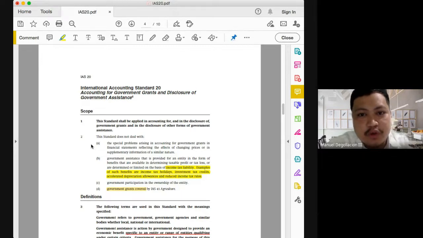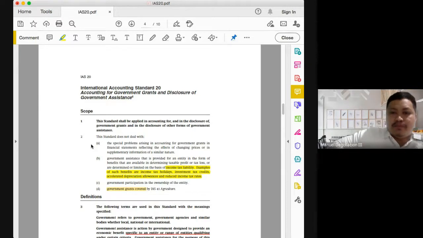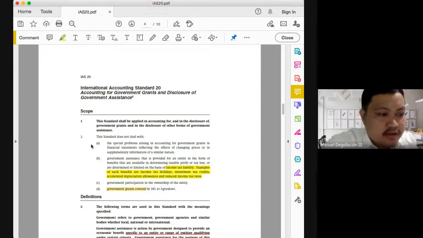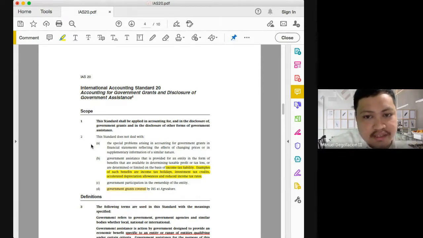Okay, so of course, your tests would be on your knowledge about the standard. So if you will be asked how government assistance are going to be grouped or classified, it's either a government grant or other forms of government assistance. Okay, but again, please understand that a government grant is a form of assistance from the government.